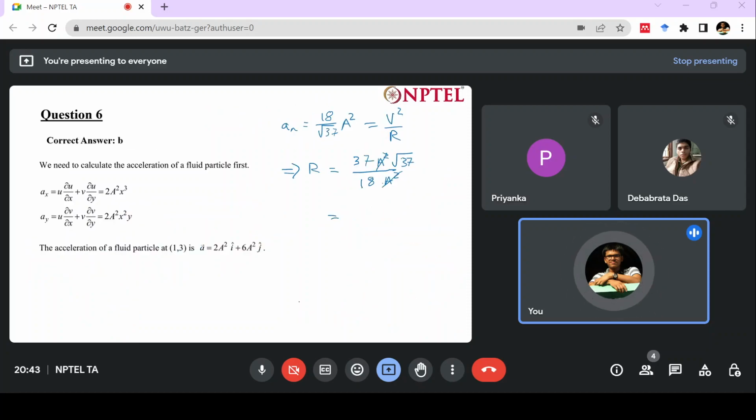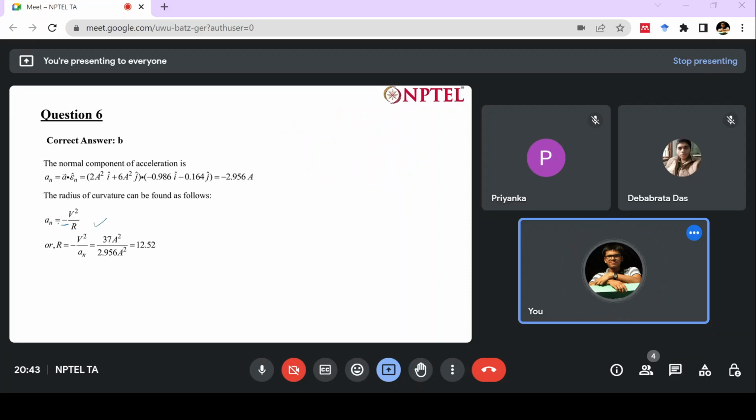The actual formula would be: whatever the absolute value of your acceleration, this will be equal to v square by r. V square is always positive. R will be positive. We want to find a positive value of radius, and thus whatever normal component you are getting, you should take the magnitude of that.